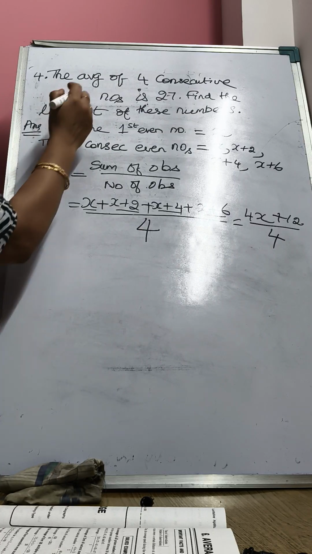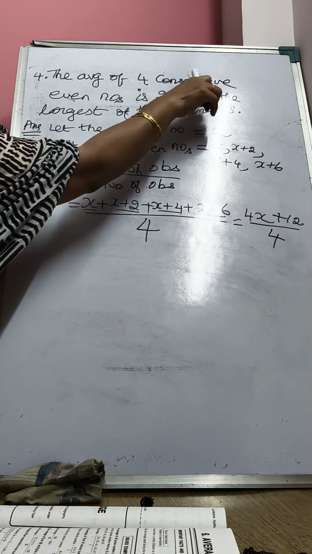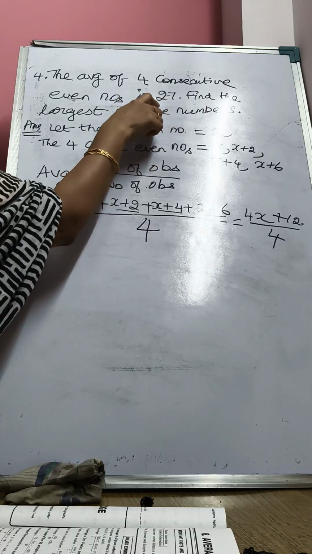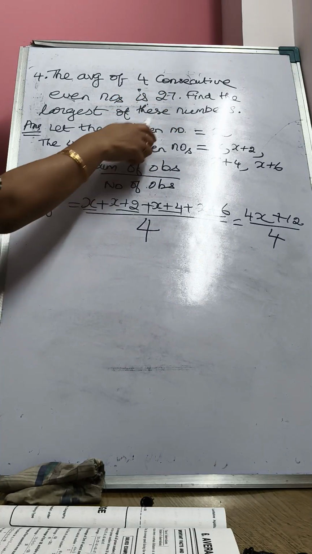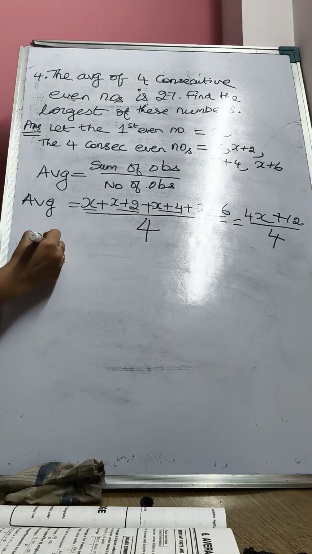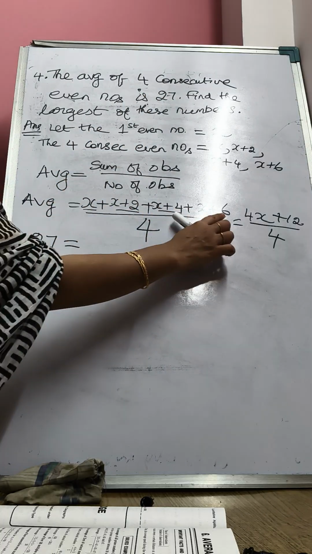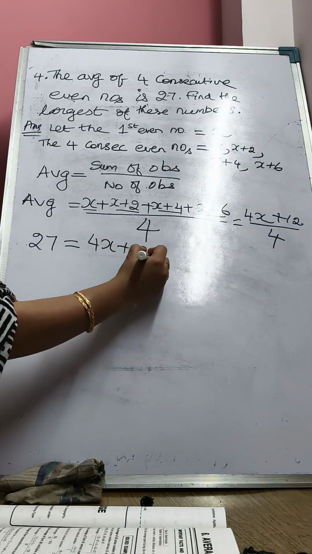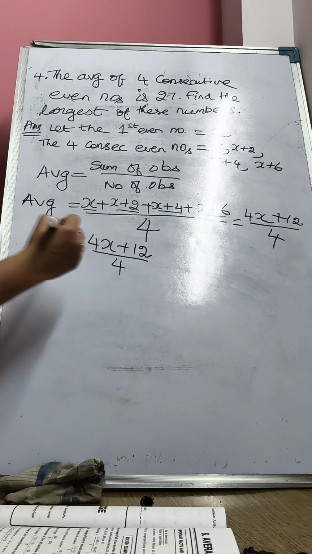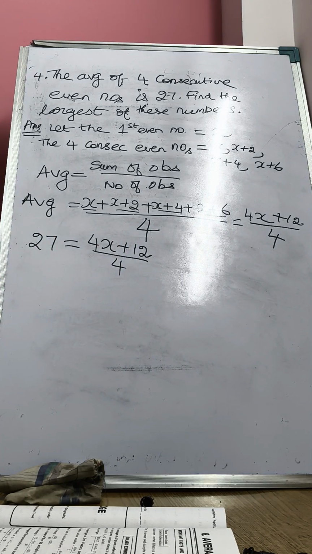Read out the question: the average of 4 consecutive even numbers is 27. See, what is the average given? Average 27 is equal to, on this side, what do we have? 4x plus 12 divided by 4.